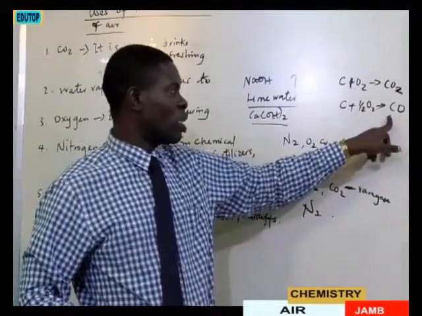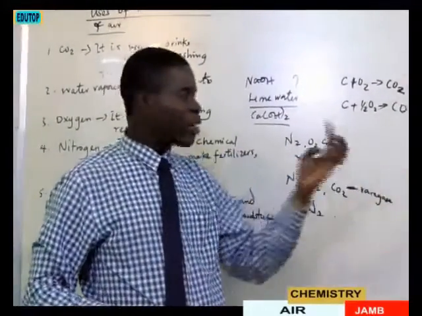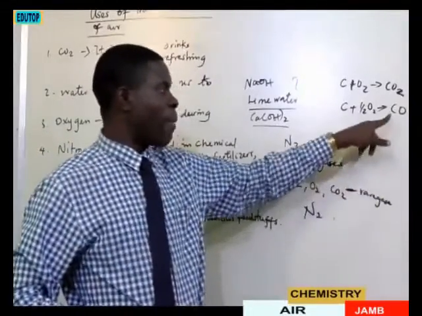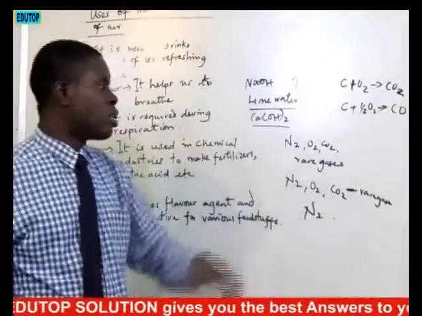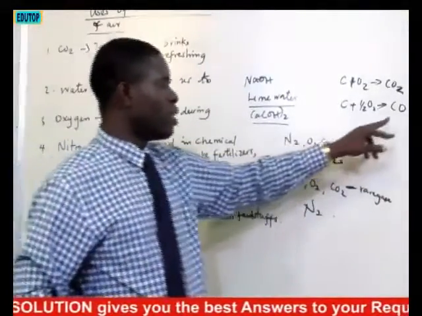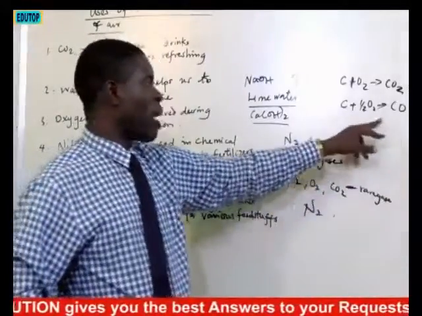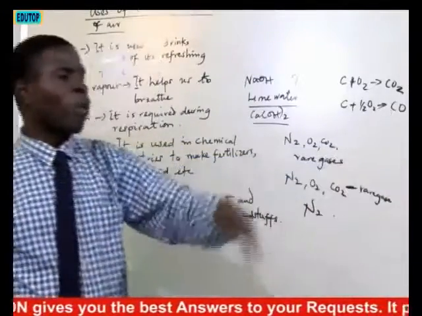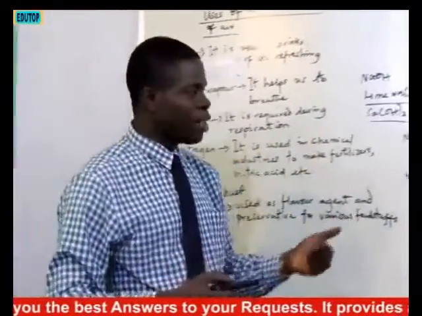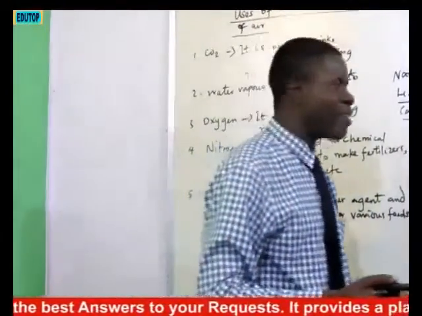So carbon monoxide has two negative effects on the human body. You know that hemoglobin transports oxygen. So when it combines with the hemoglobin, it cuts off oxygen supply. And when a person is deficient of oxygen, a human being dies.